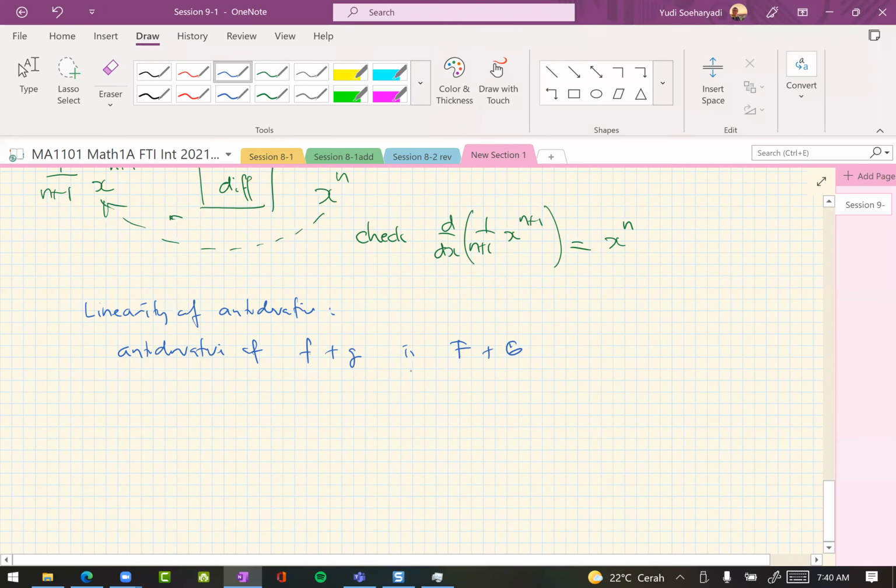So with additions, just compute one by one and then add. Also, if you take the antiderivative of a constant times f, then it is just alpha times the antiderivative.